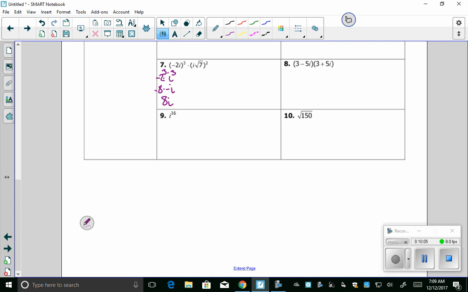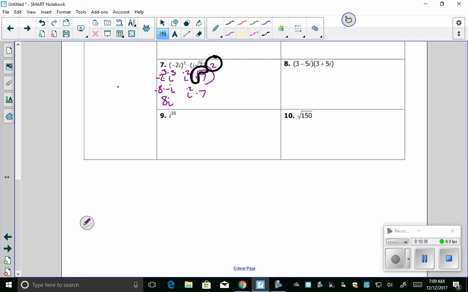If I rewrite it, like I said, as i squared times the square root of 7 squared. Remember, a square and a square root cancel each other out. So what I'm left with is i squared times 7.